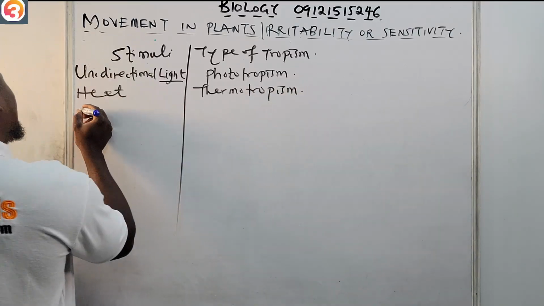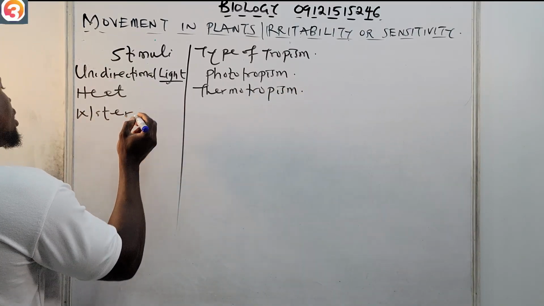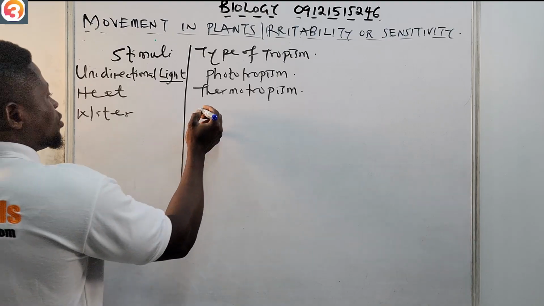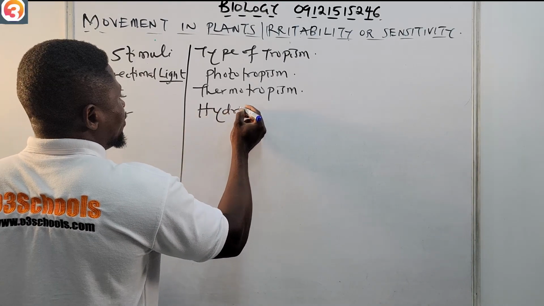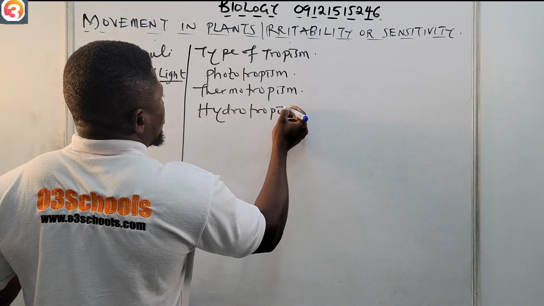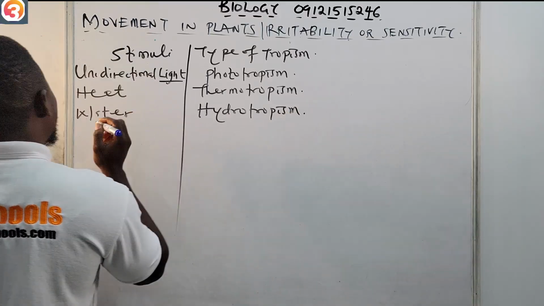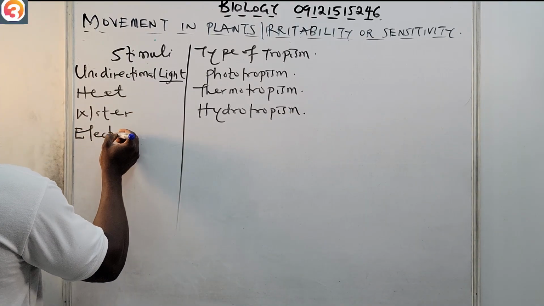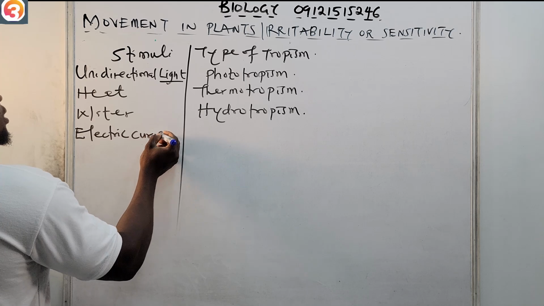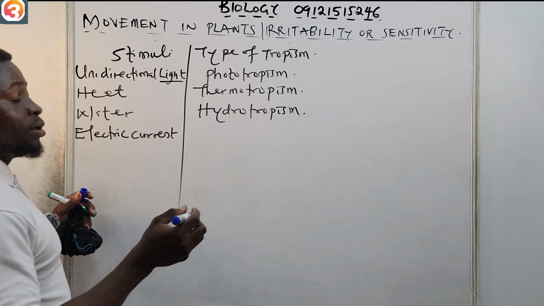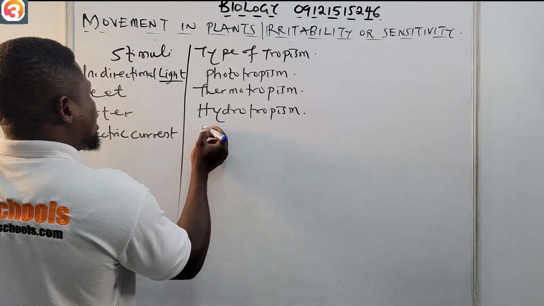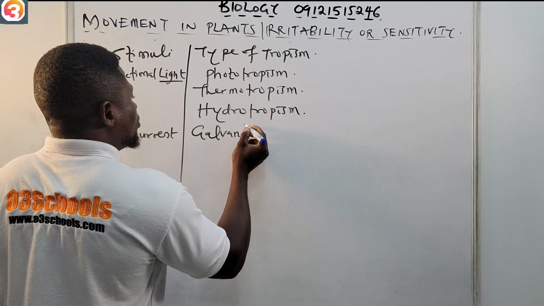If it's caused by water, omi, as Yoruba call it, that's called hydro, definitely very simple: hydrotropism. If it's caused by electric current, that one is called galvanotropism.